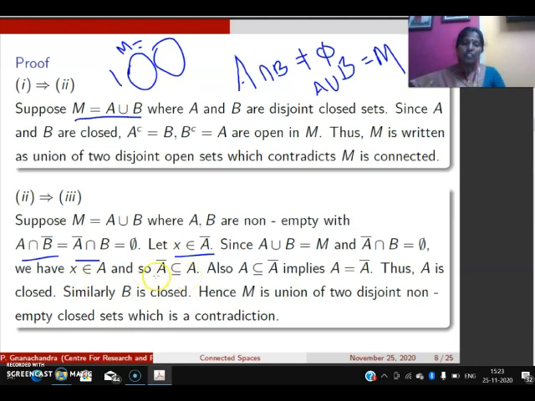So together with this, A equals A closure. That means a set equals its closure, that means A is closed. Similarly, we can take A intersection B closure and A union B equals M, and prove that B is closed. Hence, M is the union of two disjoint non-empty closed sets, which is a contradictory assumption.